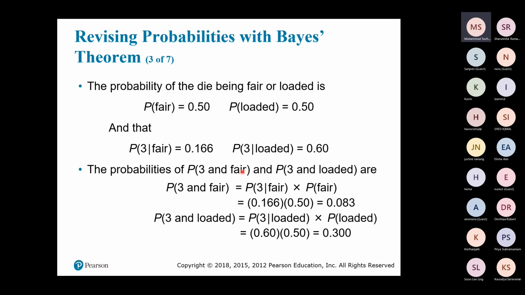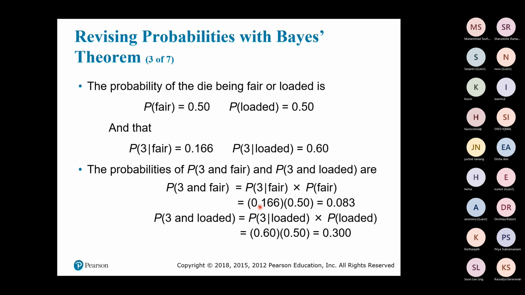To calculate the probability of getting number 3 and choosing the normal die, it is the probability of throwing number 3 using the normal die multiplied by the probability of getting the normal die.